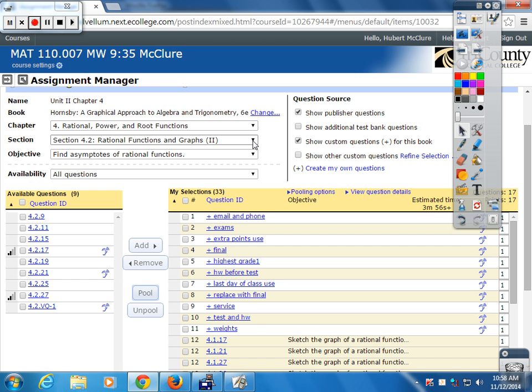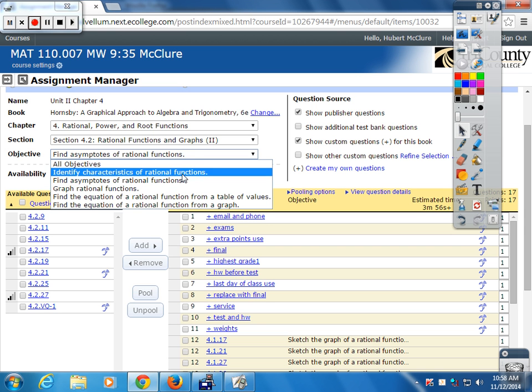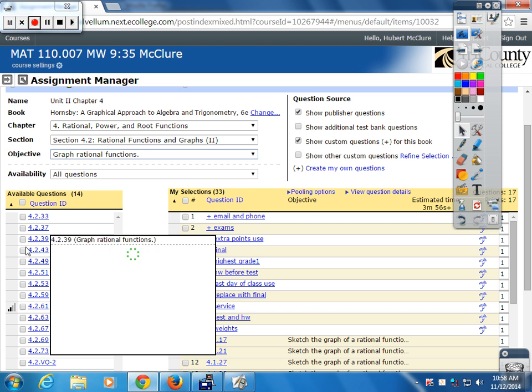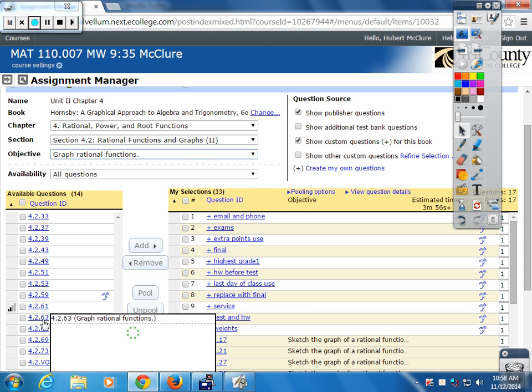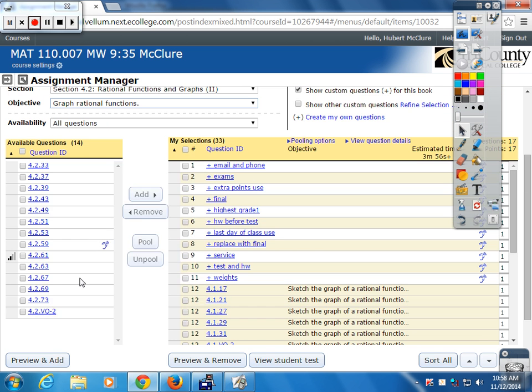Half the test is simple questions you can do in 5 seconds. Don't you fuss. To you, maybe. Graph rational functions. That's 19 and one more.